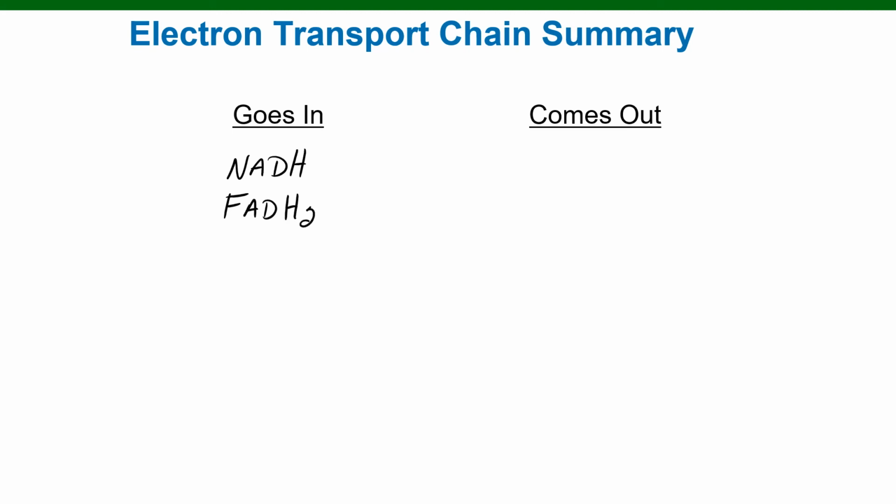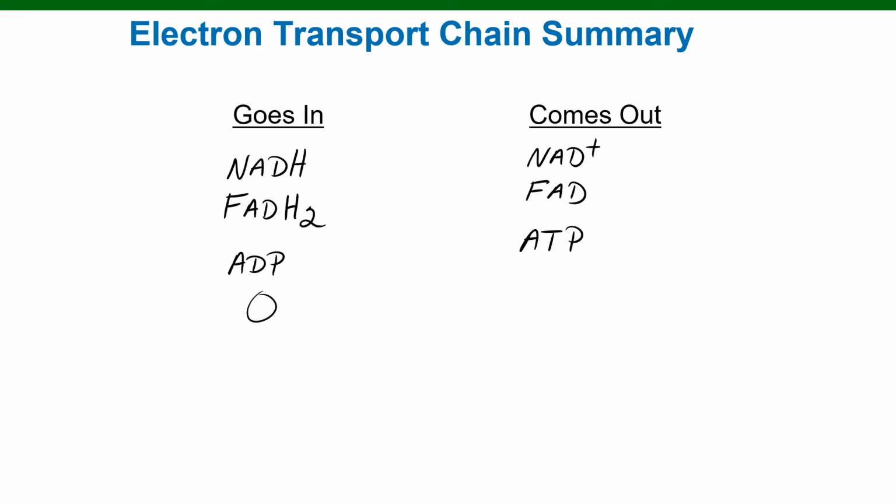These are the energy-rich electron-carrying molecules, and when they drop off their protons and electrons, then NAD+ comes out, and FAD comes out. And also we know that ADP goes in, and once this process is complete, ATP will come out. That's the major goal of the electron transport chain, is to make large amounts of ATP.